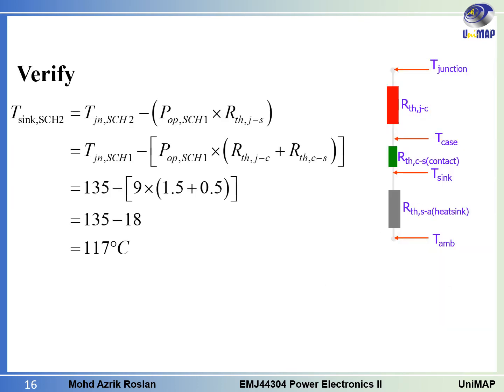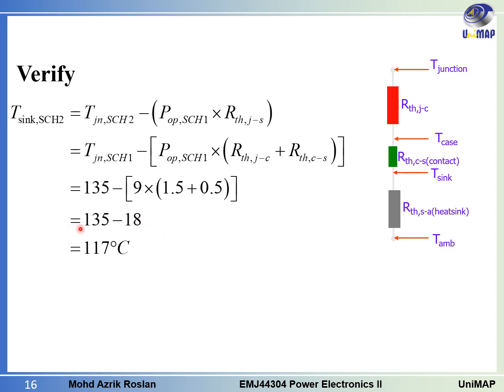If you want to just verify it, this is another way to verify. For the T sink for Schottky 2, we have the junction temperature that we determined by drawing a line just now, which is 135 minus the power dissipated here, 9, multiplied by 1.5 plus 0.5, which is 18.